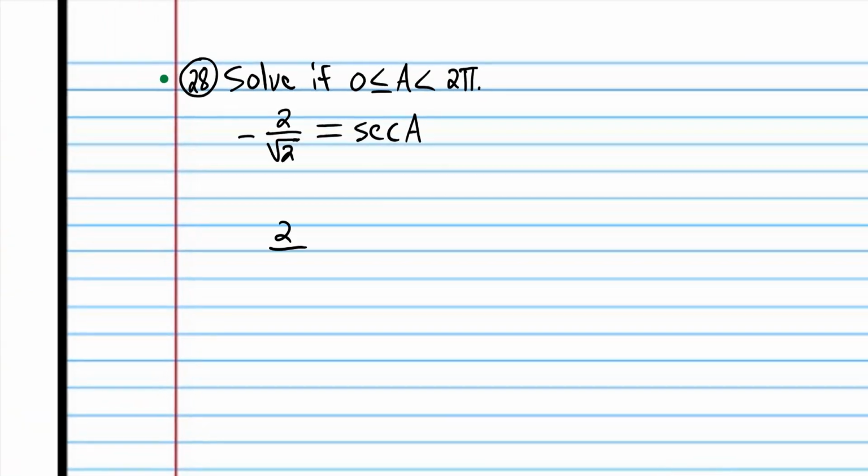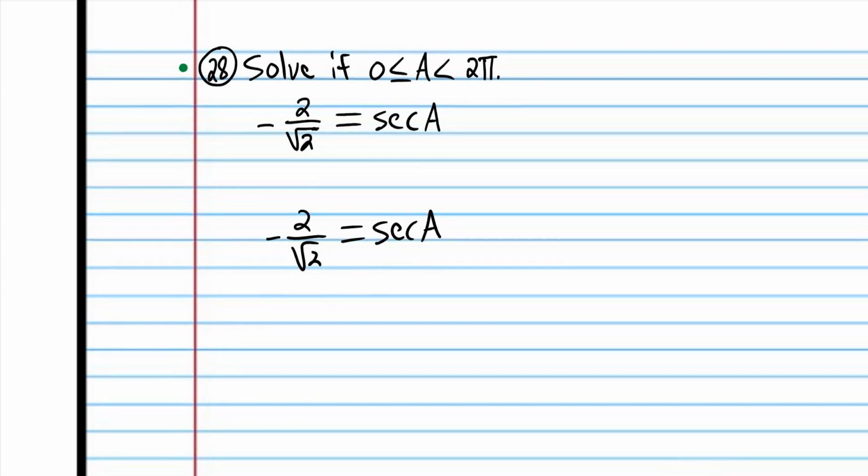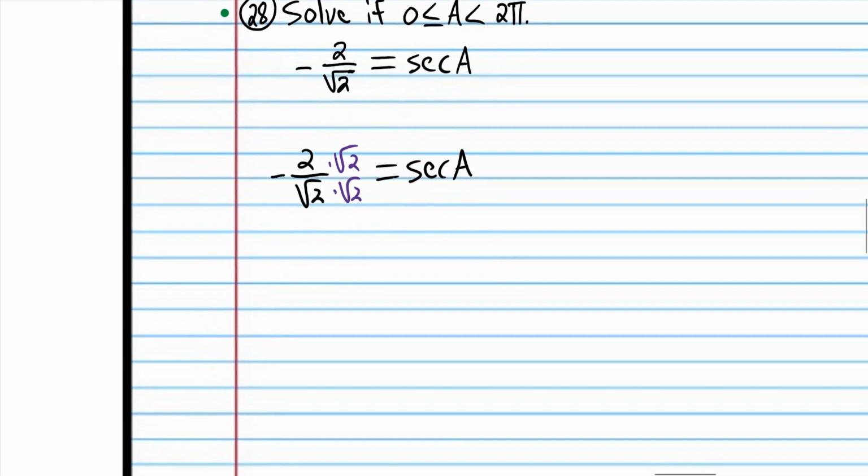Okay, we're back. So we're going to multiply both sides of the fraction by root 2, not the equation. And we get 2 root 2 over root 4.